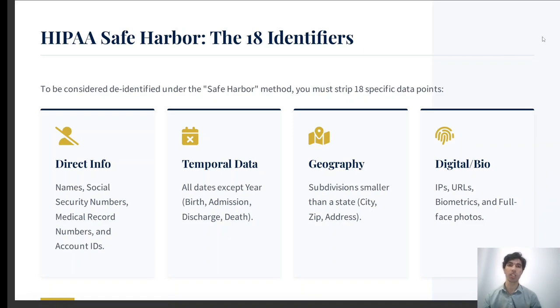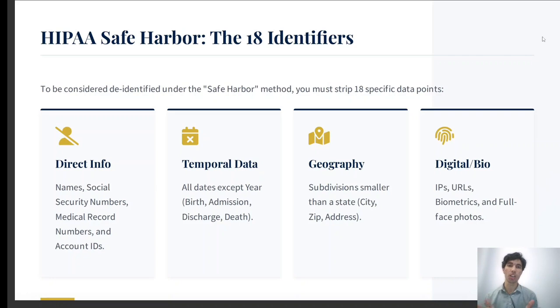We can have years, like birth year or admission, discharge or death year, but we cannot have those specific dates. Then geography, which can include subdivisions that are smaller than a state, so city or specific address, etc. We can have state or country, but we cannot have any subdivision that is smaller than a state. And last but not the least, we have the digital or biological footprint like IPs, biometrics, URLs, etc.